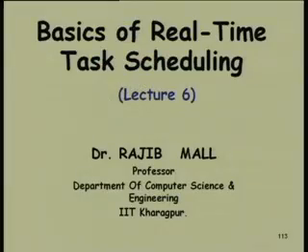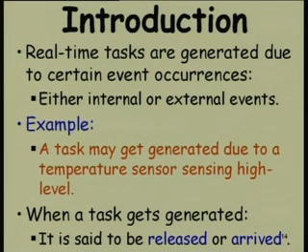So, the basics of real time task scheduling, and as we proceed we will look at sophisticated task schedulers, starting from very simple task schedulers to more and more sophisticated schedulers. It is not that the simple ones are not used, the simple ones are the ones used the most, because many small devices exist, but the complex ones are also used. So, we need to look at those various types of task schedulers.